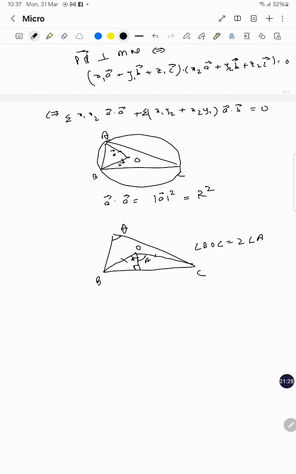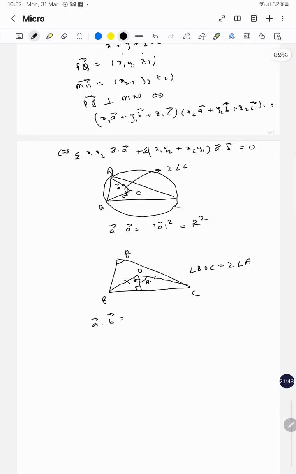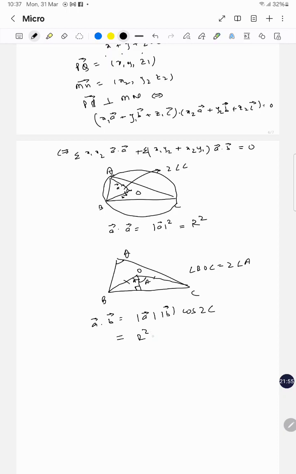So the angle between OA vector and OB vector is 2C, twice angle C. So A vector dot B vector is the length of vector A, length of vector B, cos of 2C, which is R square cos of 2C.